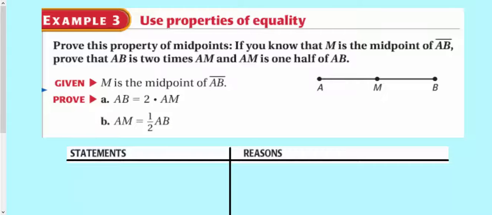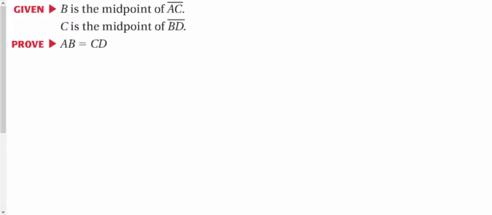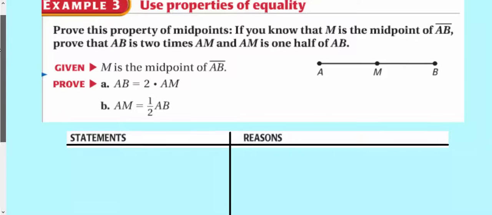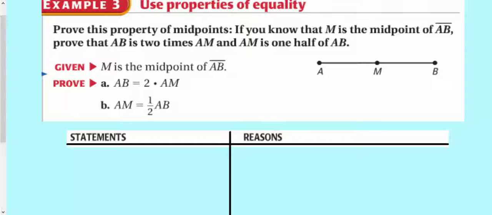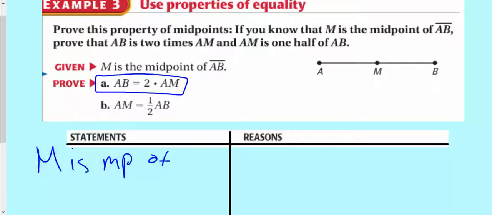Alright, two more proofs. If you know that M is the midpoint of AB, prove that AB is 2 times AM, and AM is half of AB. So I have two different proofs. We're going to do this one first, and then from there we can do part B. M is the midpoint of AB, and that's given.